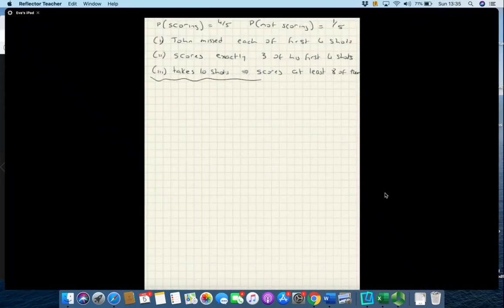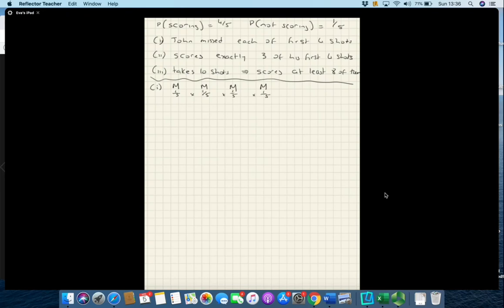Okay, so part 1. He's going to miss, miss, miss, miss, if he misses each of his first 4 shots. So we end up with a 5th, by a 5th, by a 5th, by a 5th.